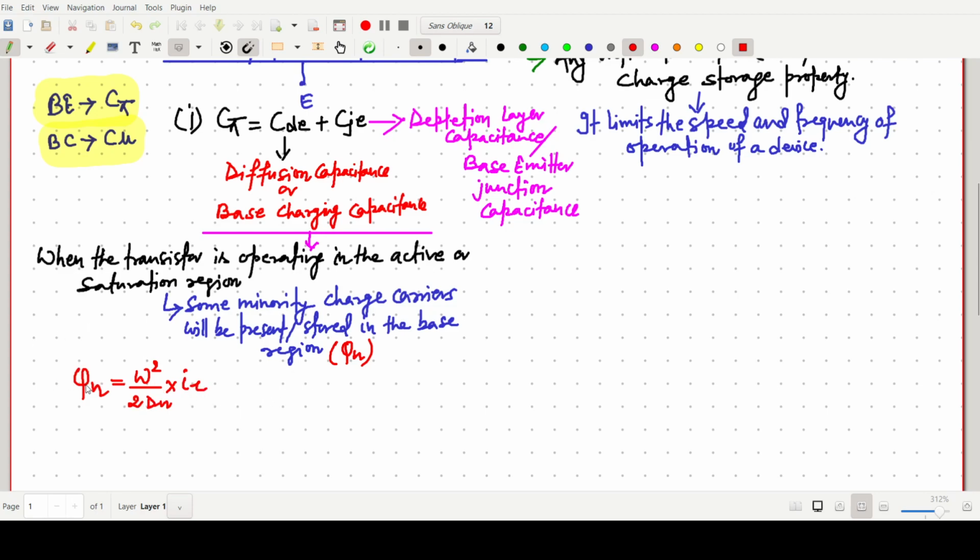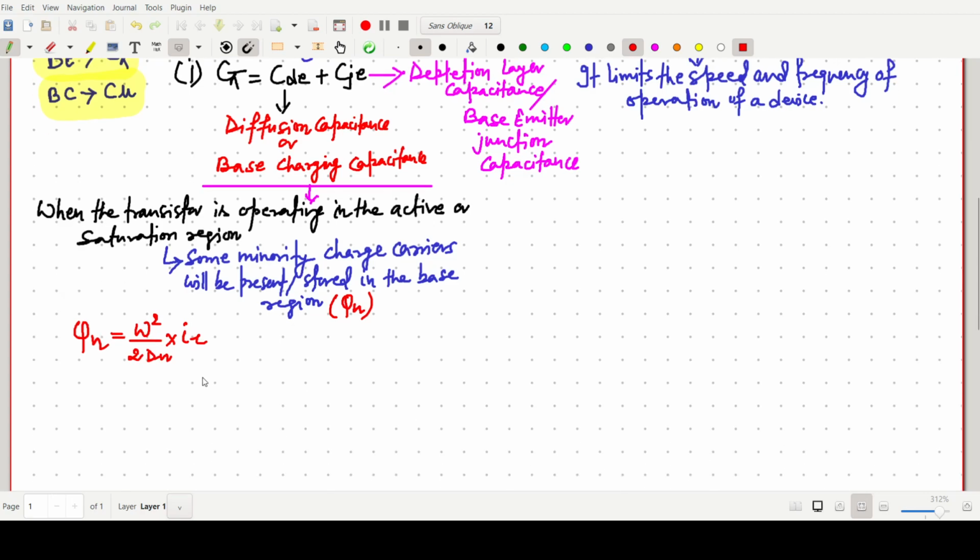So we can write this Qn as the minority charge carriers stored in the base region.